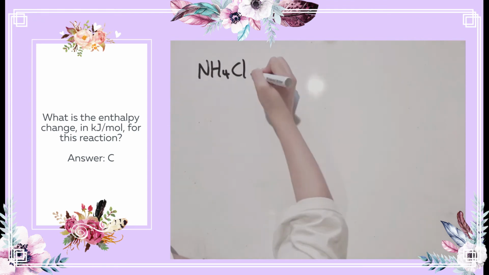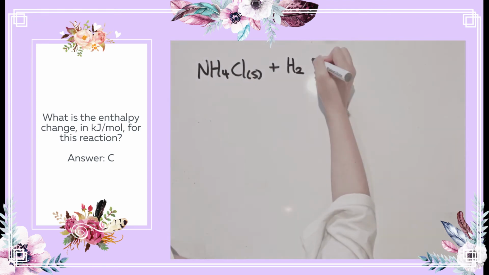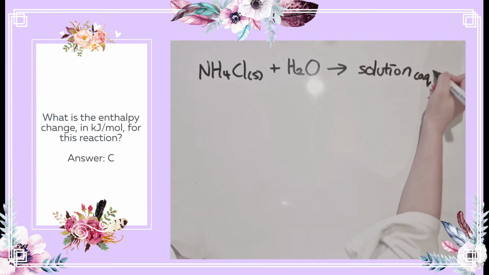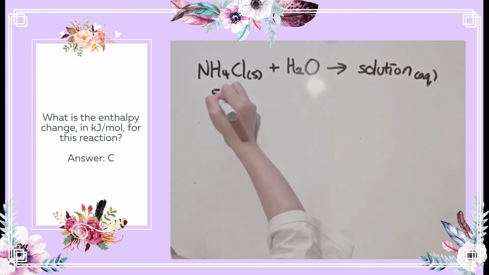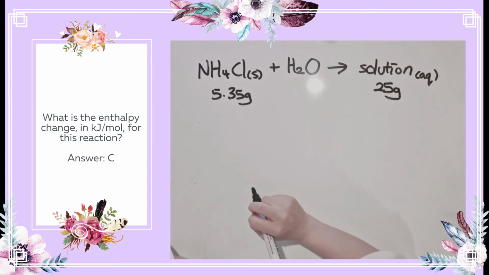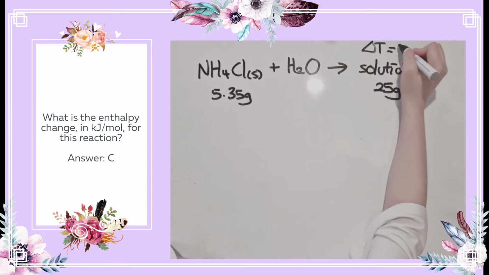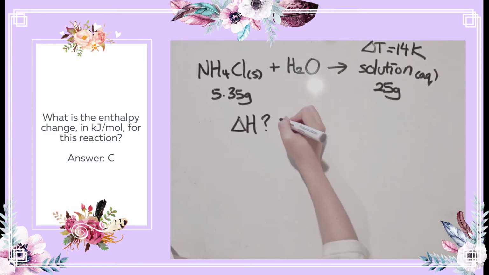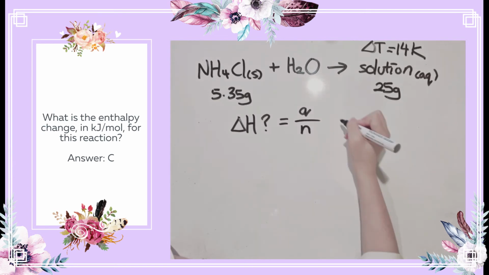What is the enthalpy change for the dissolution of ammonium chloride in water? So as per the question, we're given that 5.35 grams of ammonium chloride is used, producing 25 grams of solution with an increase in 14 K temperature.